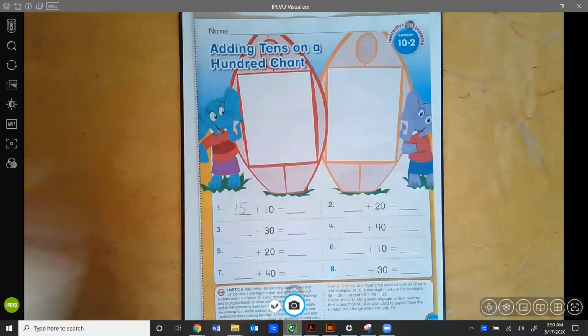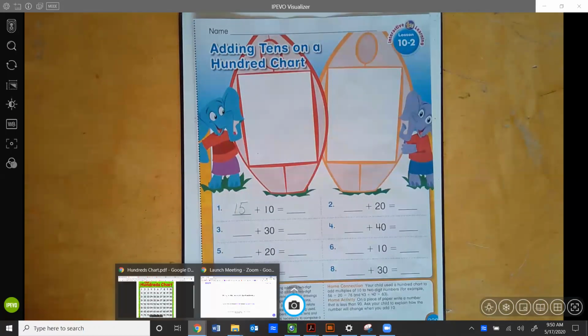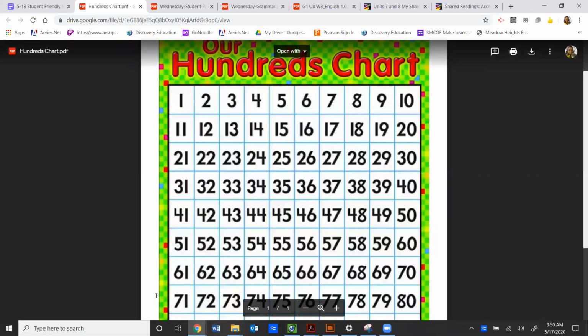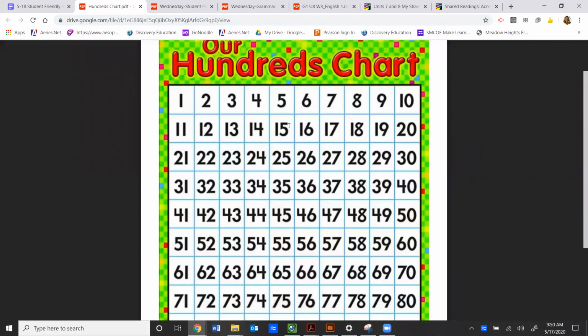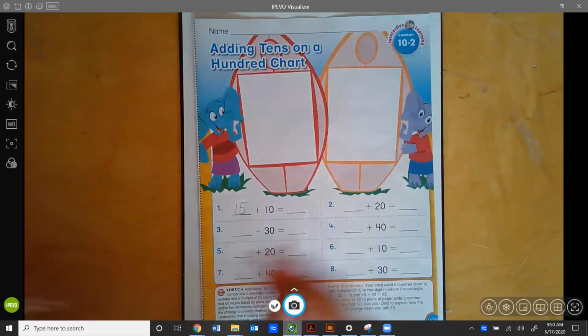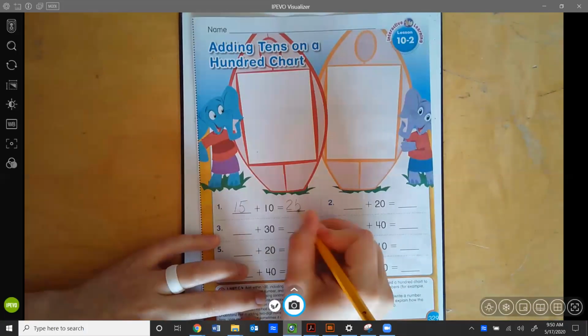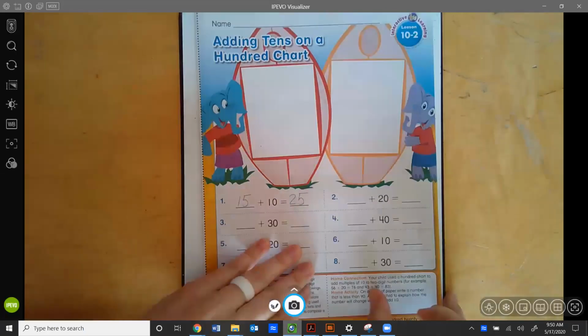And then I could go to my new tool that I have, and I could find 15. And then remember, you're supposed to go down one row for each 10. So I would go down and 25 would be my answer. So I could write that.